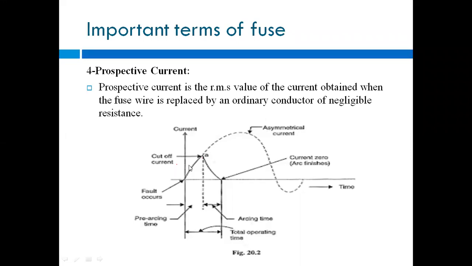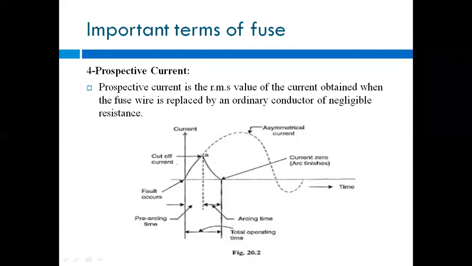The line shows that a fault has occurred and the current is increasing up to point A. That is the pre-arcing time, meaning the arc is not produced there.